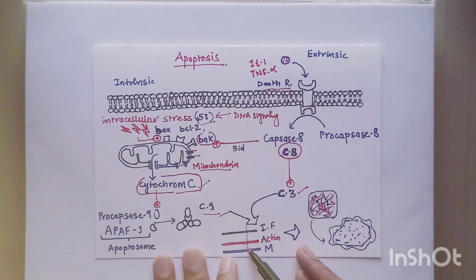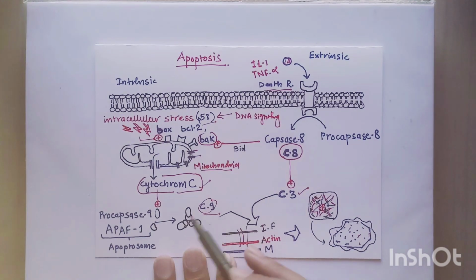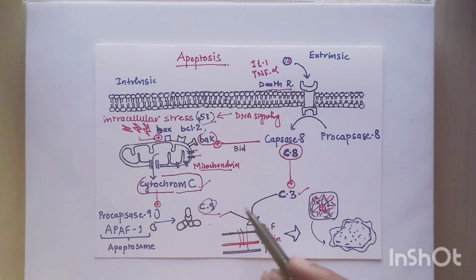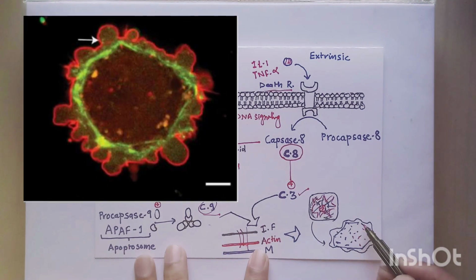When these get destroyed by caspase 9 and caspase 3, the cell becomes blebby.